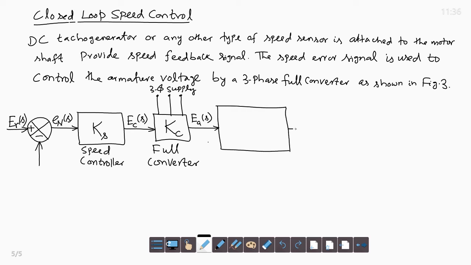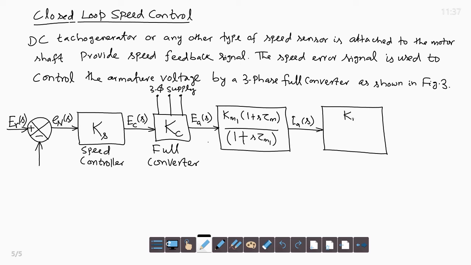Then with applied voltage Ea(s), the DC motor current becomes Ia(s), the transfer function being Km1 into 1 plus sτm divided by 1 plus sτm1. From this we have Km2 divided by 1 plus sτm as the functional block from which speed N(s) is obtained.